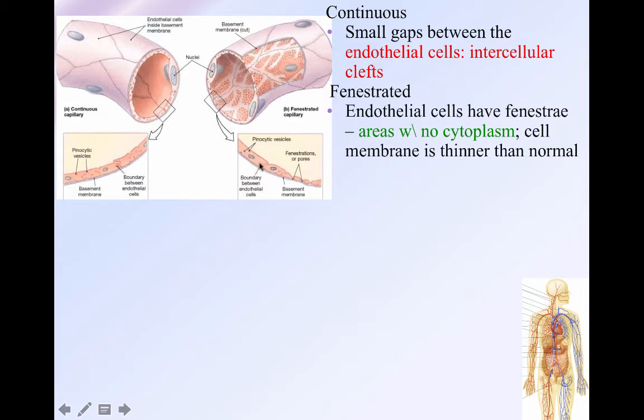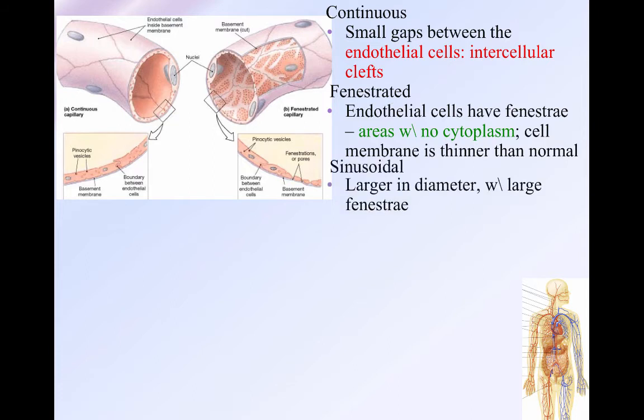In these other endothelial cells that you see to the side, the cytoplasm is kind of salmon-colored or pinkish. In addition to that, the membrane is thinner than normal, and this creates these little windows, the black dots that you can see here, that are also known as fenestrae. And so these are fenestrated capillaries.